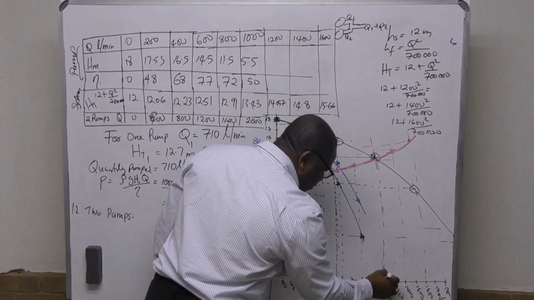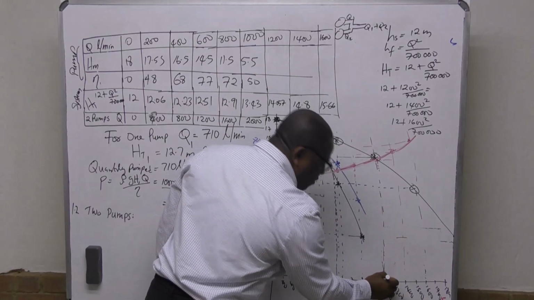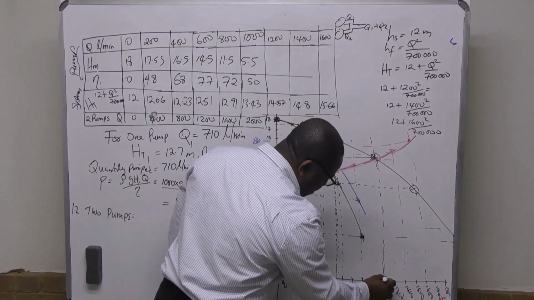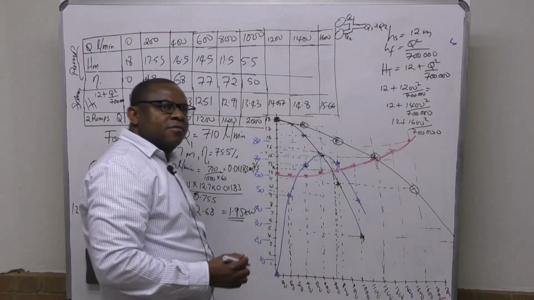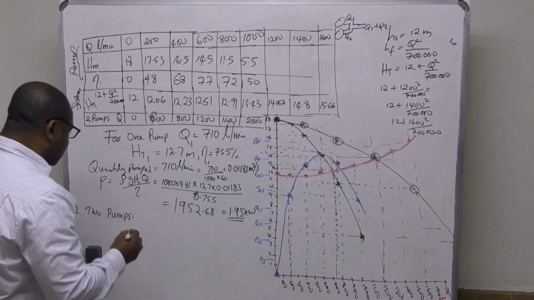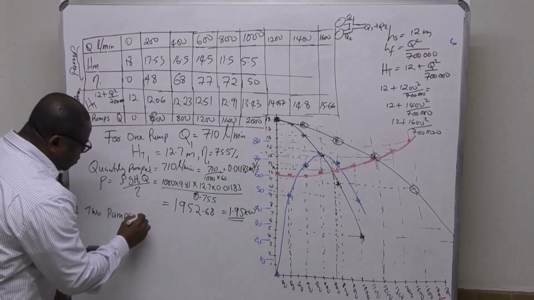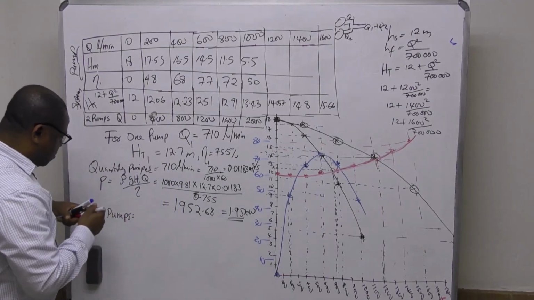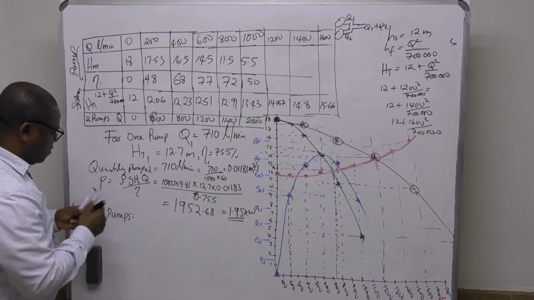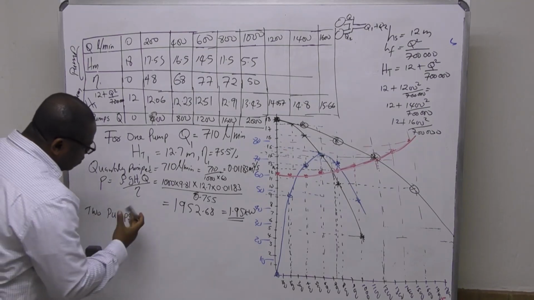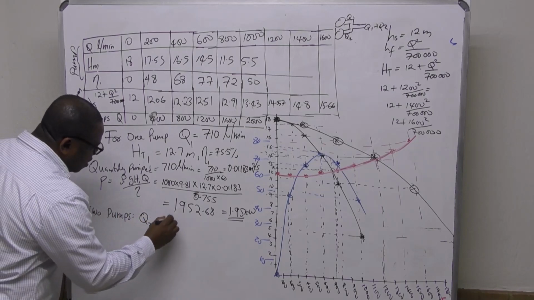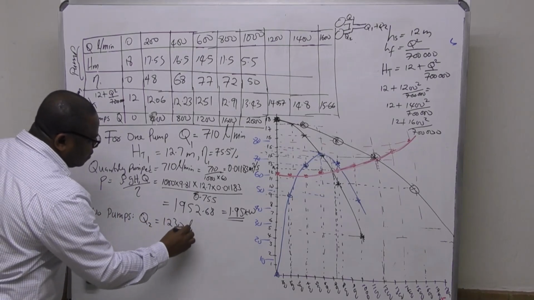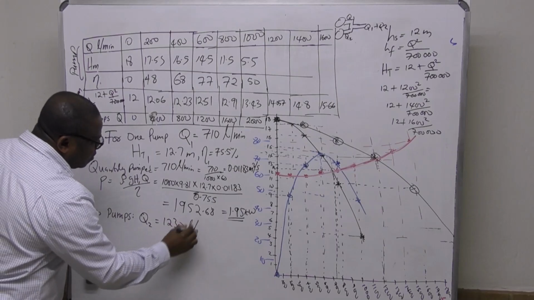It's more than 1,200 and something, so let's say 1,230. So flow Q for the 2 pumps is 1,230 liters per minute.